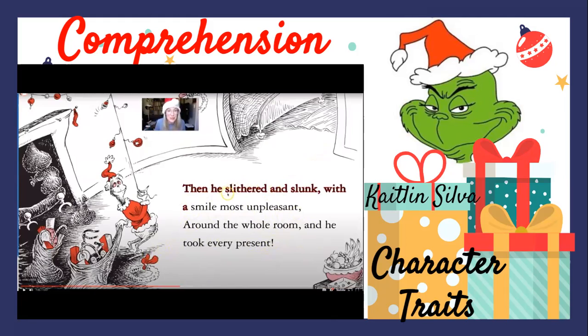When you look at these words, slithered and slunk, what does that make you think of? What animal? With a smile most unpleasant. So unpleasant is the opposite of pleasant, right? Because it has that prefix un, meaning not pleasant.